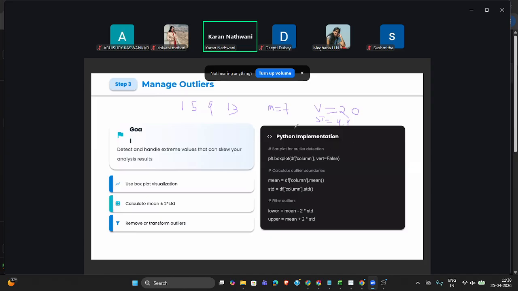Let me put 4.4. Now, can you find this range, please? Lower and upper. You can expect such a question in your exam. Lower is mean minus twice the standard deviation. And check whether your outlier lies in this range or whether any outlier is there.